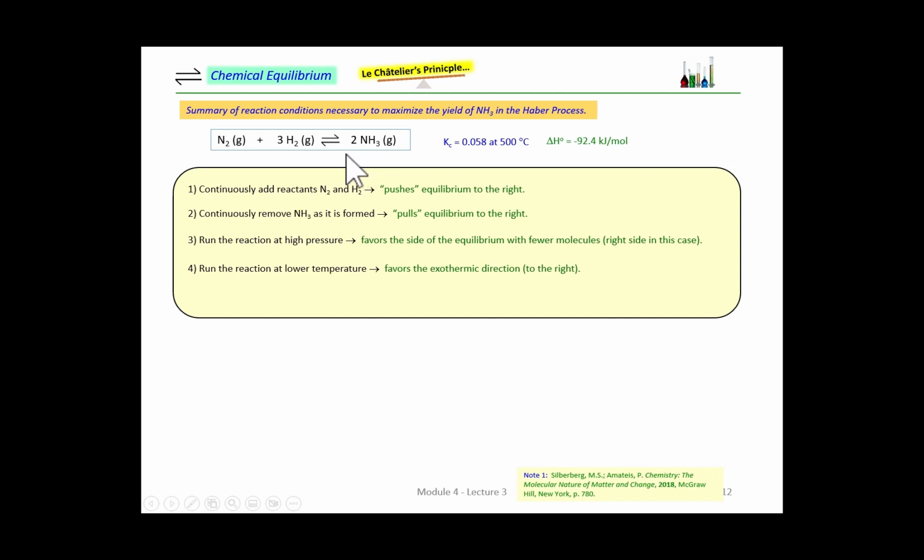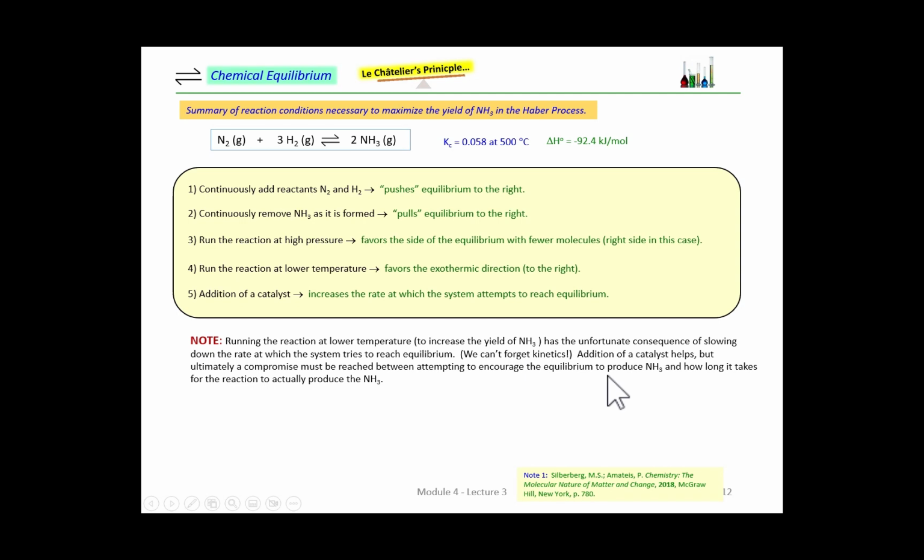Well, remember the exothermic direction is to the right, and so we want to run the reaction at lower temperature. And to offset the kinetic effect of running it at lower temperature, we'll add a catalyst, which we said increases the rate at which the system attempts to reach equilibrium.